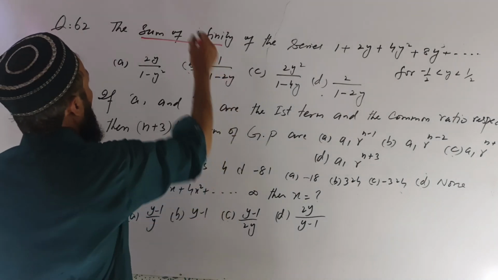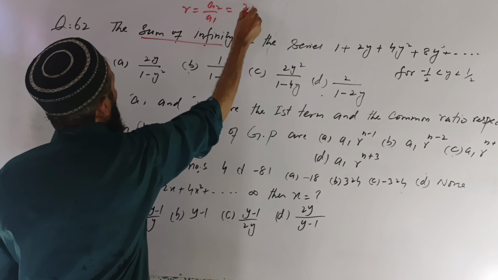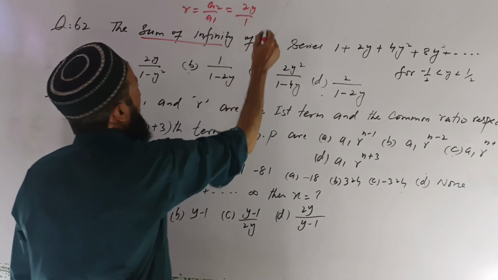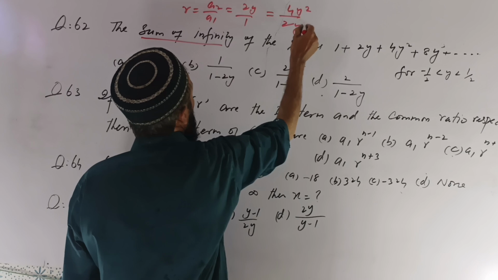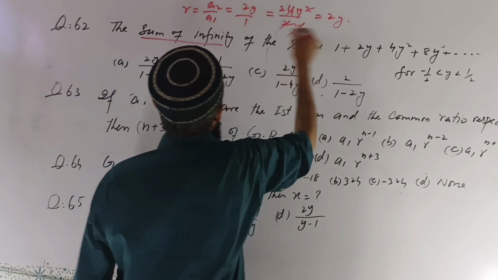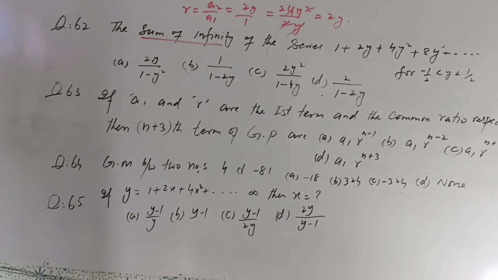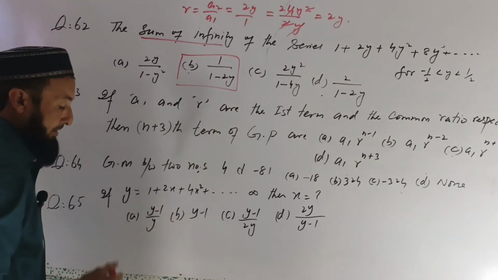So r is the second term divided by the first term, 2y squared divided by y. Similarly, 4y cubed divided by 2y squared. So both cancel, and we get 2y. 2y is the common ratio, and answer B is the correct option.